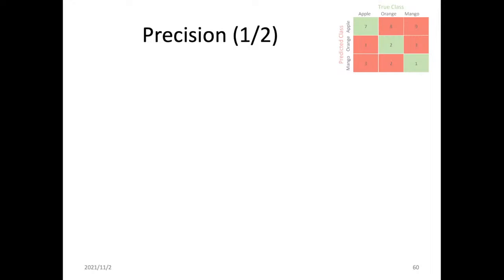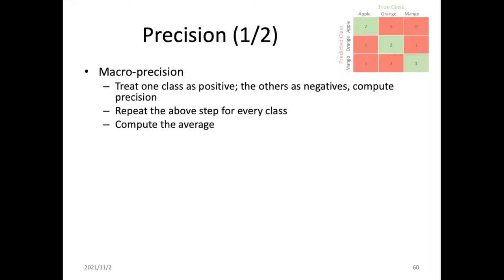That's the problem. It depends on how we compute the precision. So let's first introduce something called macro precision, and we will introduce some other kinds of precisions later. For macro precision, we treat one class as positive and the others as negative and compute the precision. Then we just repeat this process for different classes.